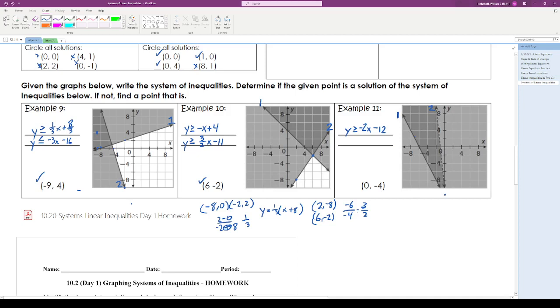Okay, second equation, we have an x-intercept of 1, it looks like, a y-intercept of -10, and we are below this line, so if we pick a point on the line, the shaded region is under that. So we're going to have y is less than, since it's a dotted line, dashed line, and we have an intercept of -10.